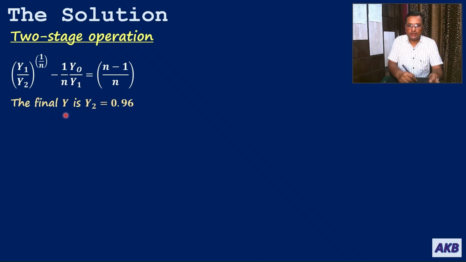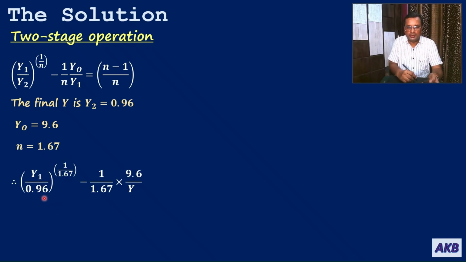So in this case, y2 is the final value of y, which is 0.96. Then y0, that is the initial concentration, is 9.6. Then n, we have obtained it earlier, 1.67. So that means the equation becomes Y1 divided by 0.96, raised to 0.6, minus 9.6 divided by capital Y1 into 1 upon 1.67, that is equal to (1.67 minus 1) divided by 1.67.